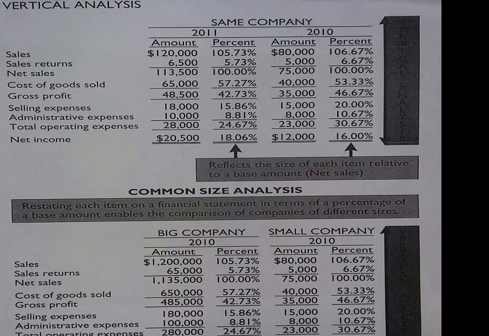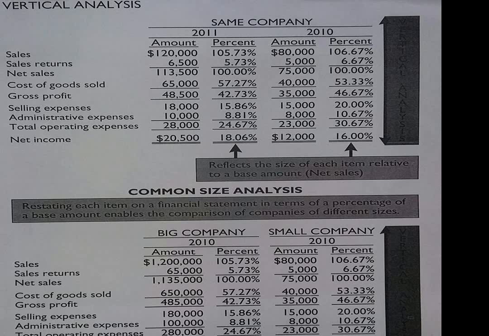Then the sales represent 105.73%, and sales returns is 5.73%, and cost of goods sold represents 75.27%.